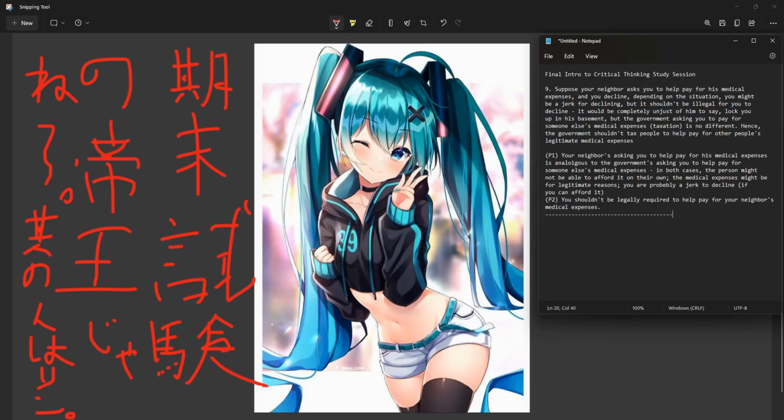Therefore, your conclusion will be C. You shouldn't be legally required to pay the government money to help them pay for other people's medical expenses. You know what? I can agree.